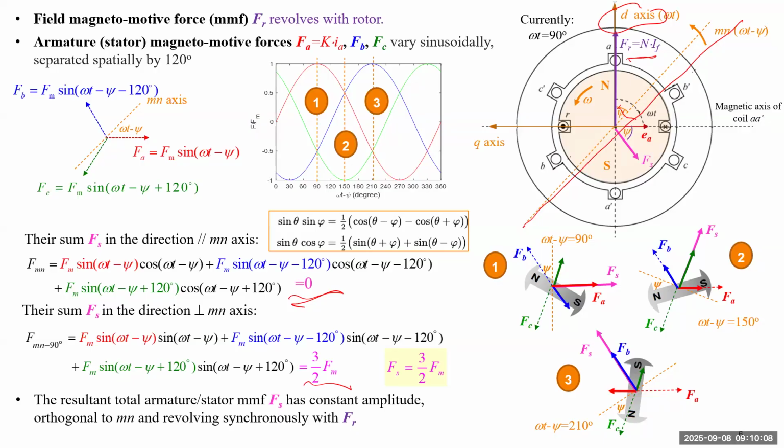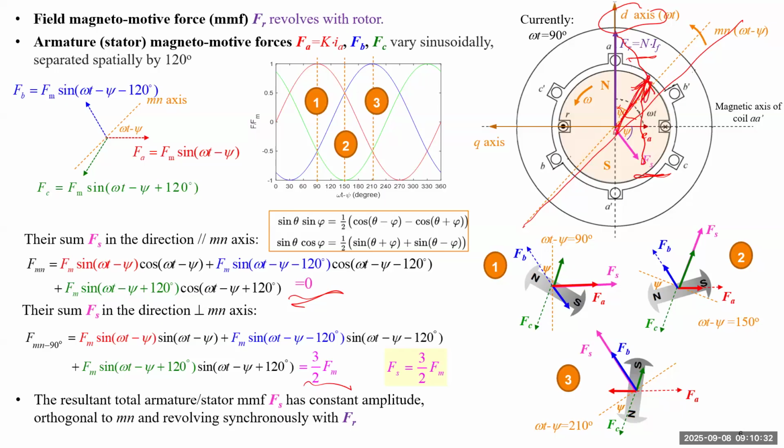3/2 of the peak value. So finally, we proved the stator winding magnetomotive force is always perpendicular to that axis, based on the power factor of the generator, and also has constant magnitude. So they can generate the total magnetomotive force if we use this parallelogram.